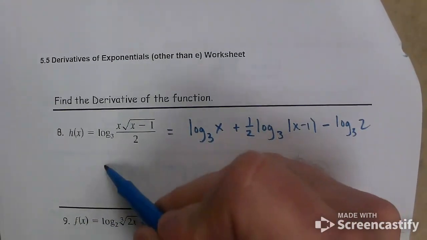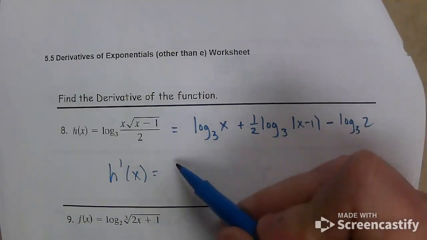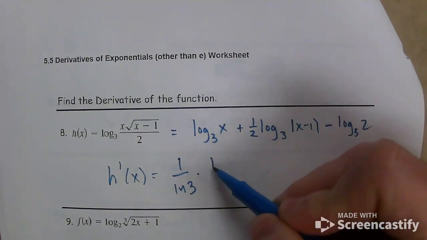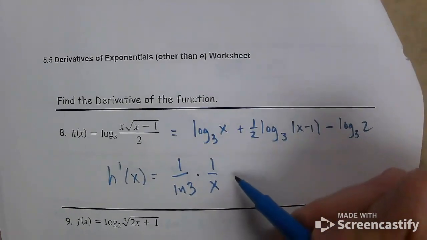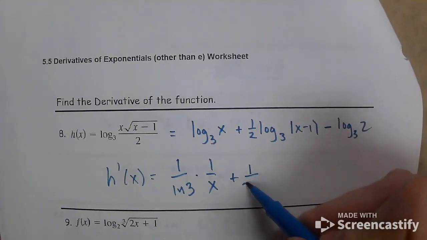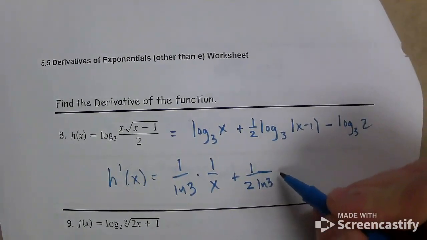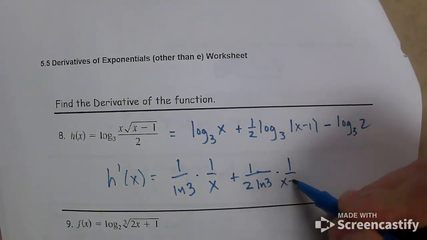So if I take the derivative of that, this is just going to be 1 over natural log of 3 times 1 over x, because this is u prime over u, so 1 over x, plus 1/2 natural log of 3 times 1 over x minus 1.